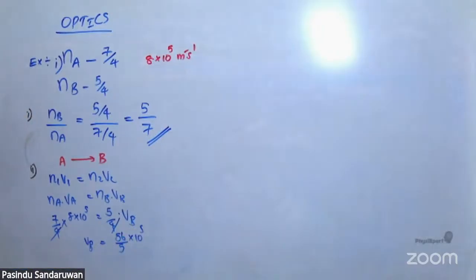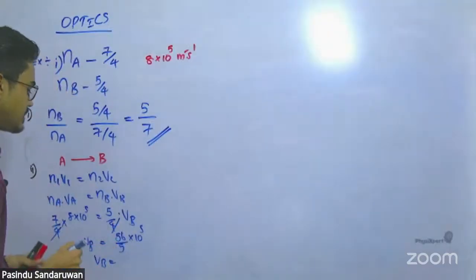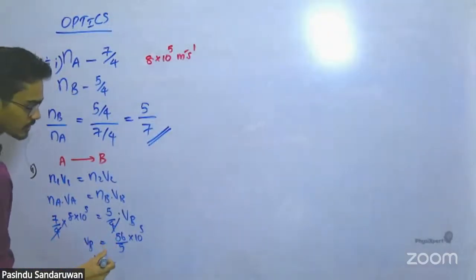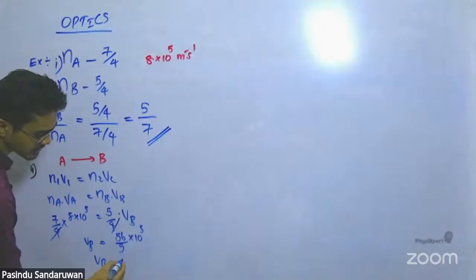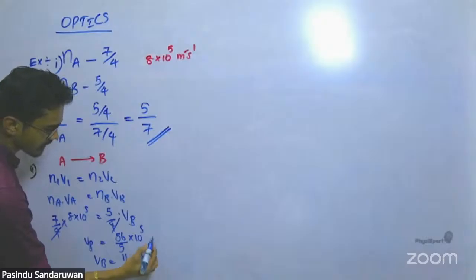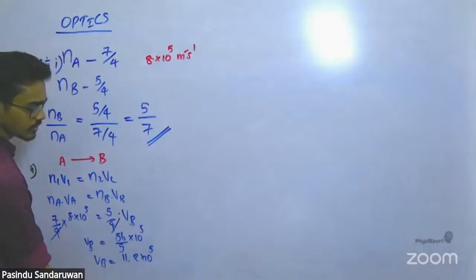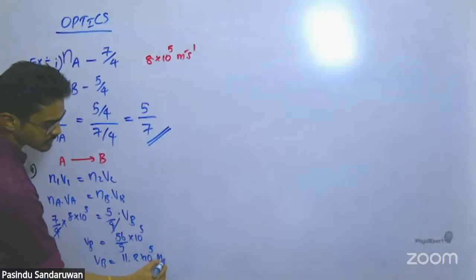So the velocity at B: 50 over 5 is 10, and 6 over 5 is 1.2, so that is 11.2 times 10 to the power 5 ms minus 1.